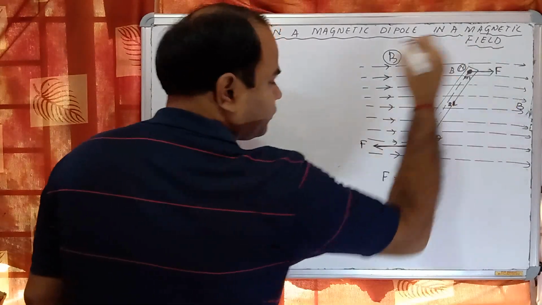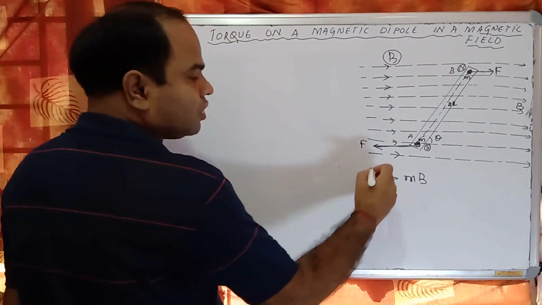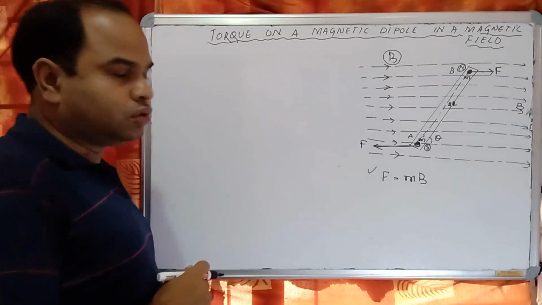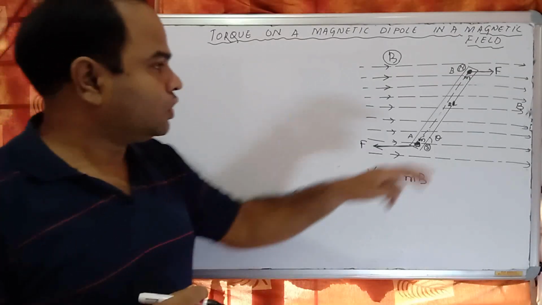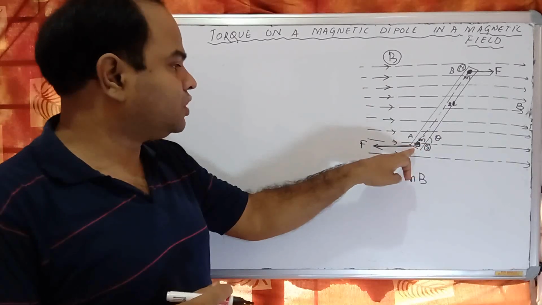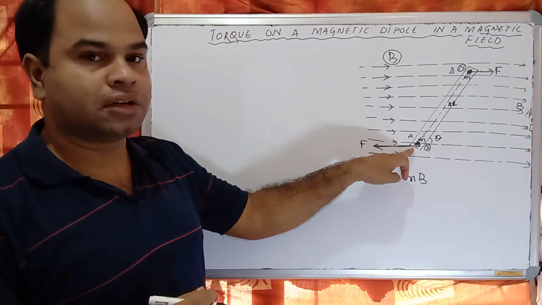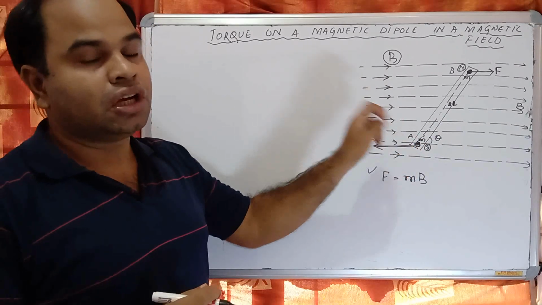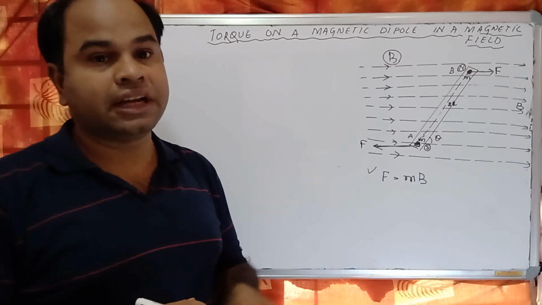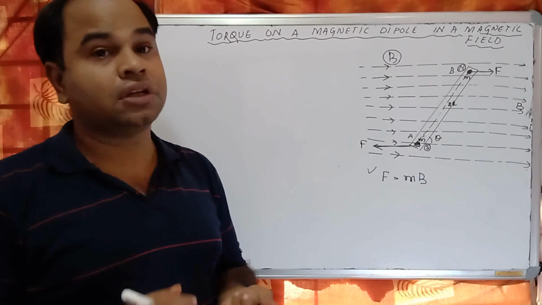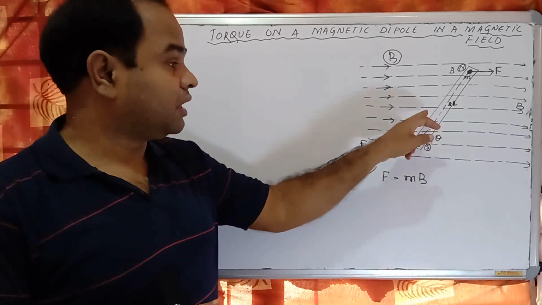The force magnitude will be the same. So that means we have two equal and opposite forces acting on the bar magnet. Due to this a couple will act on this bar magnet.